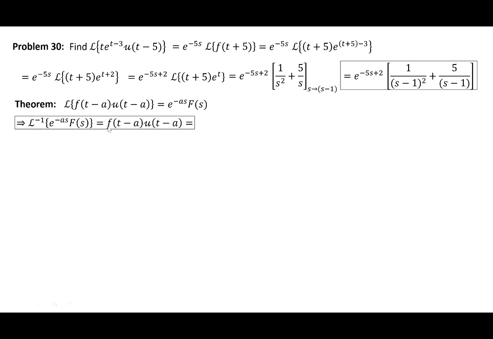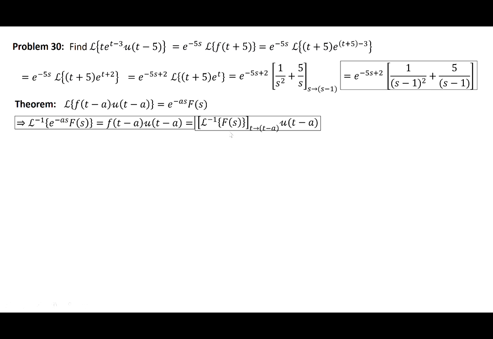You would know f of t and you would also know a. From that, can you figure out f of t minus a? Yeah, replace the t with a t minus a. In this case, if a were to be 2, you find f of t and replace t with a t minus 2. End of the story. Right? That's the concept. And we will apply it over and over again.